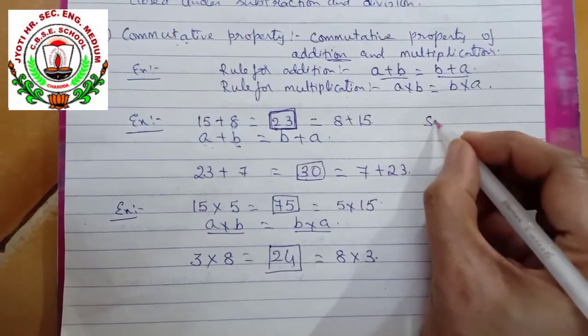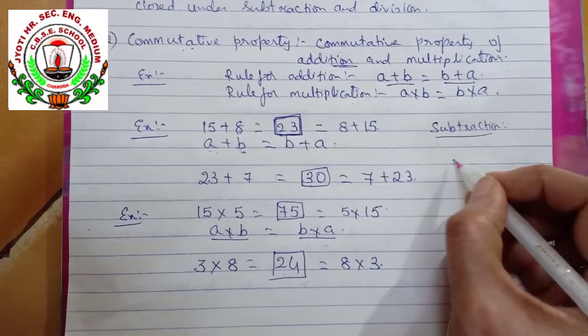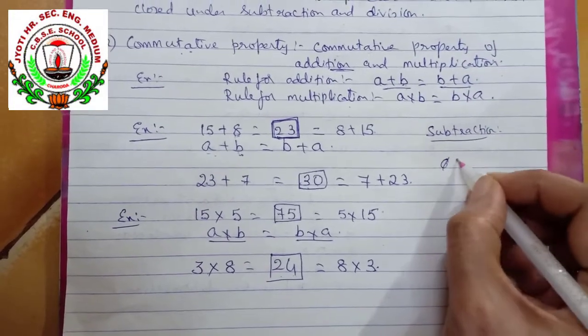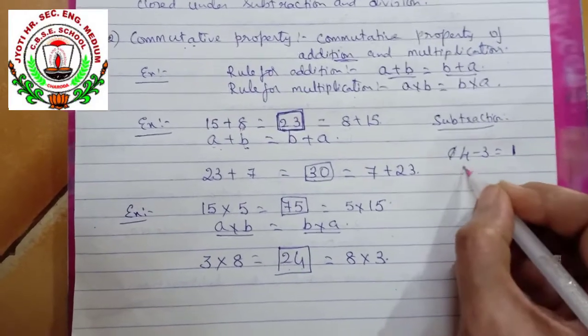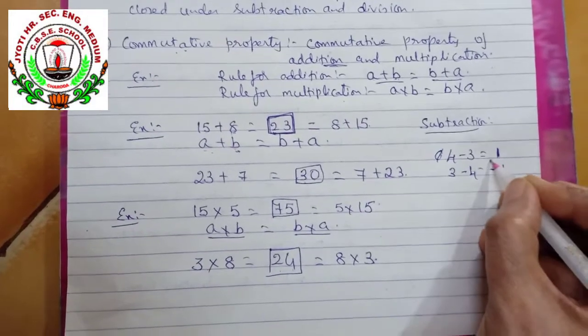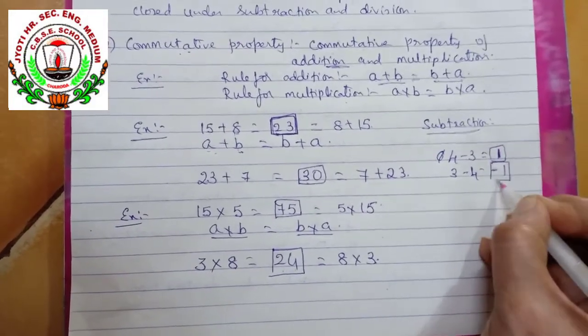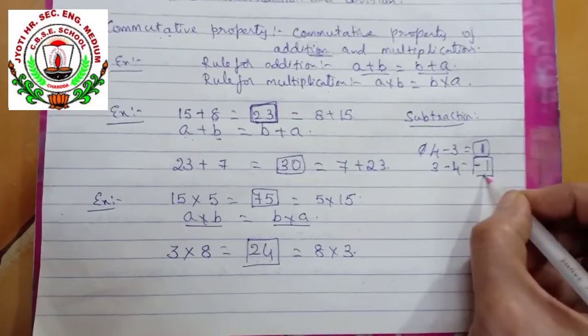But for subtraction, 4 minus 3 is 1, but 3 minus 4 is minus 1. There is a lot of difference between 1 and minus 1, so this rule is not possible for subtraction.